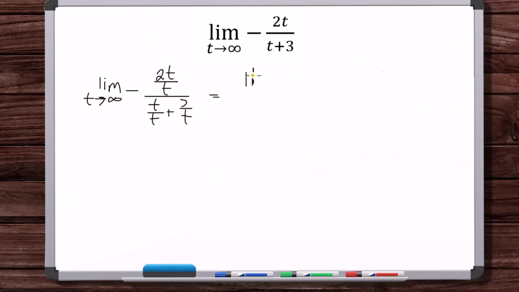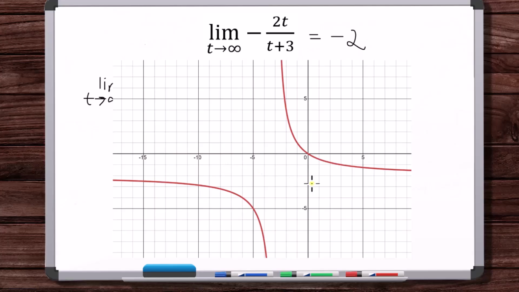Okay, so you've got minus 2, 1 plus 3 over t. The 3 over infinity goes to 0. 1 plus 0 is 1. Numerator goes to 2. So this approaches minus 2 over 1. So you have a horizontal asymptote at y equals minus 2. And that's what we see here.